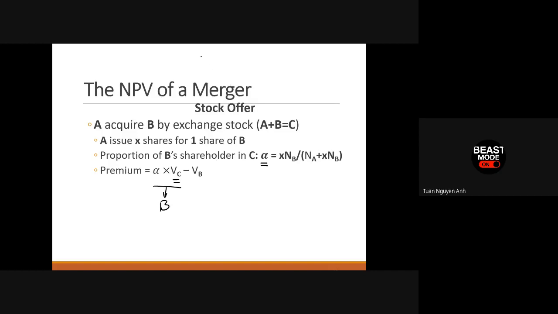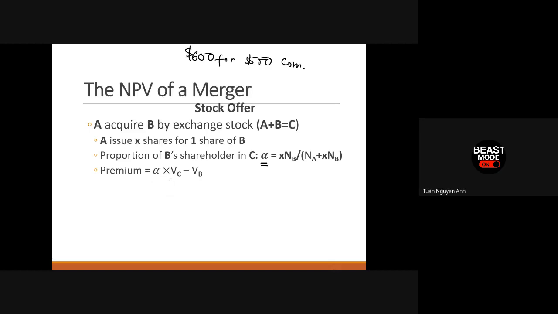In the previous example, we paid 600 for a 500 company. And now we pay the ownership, and we can calculate the value by multiplying the proportion of the ownership with the value of the company in the future.